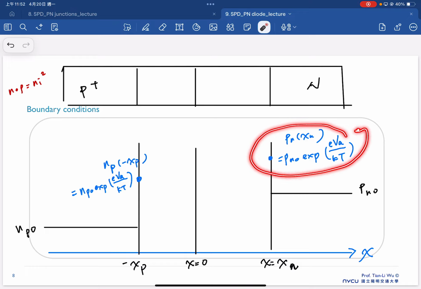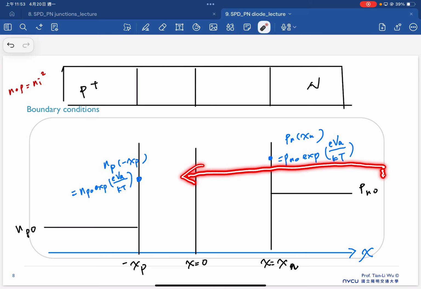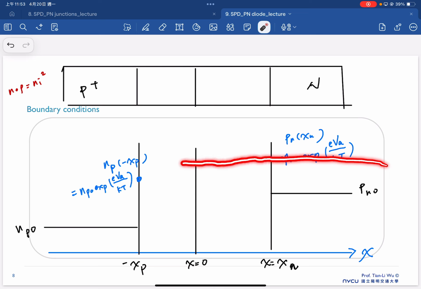But physically, how do we understand this? This is actually the electrons injected from the N side. We have the electron under the forward bias. The electron will start to diffuse, right? Because our barrier is reduced. So the electron is able to cross this barrier and reach this side. And once the electron reaches this side, they become the minority carrier.